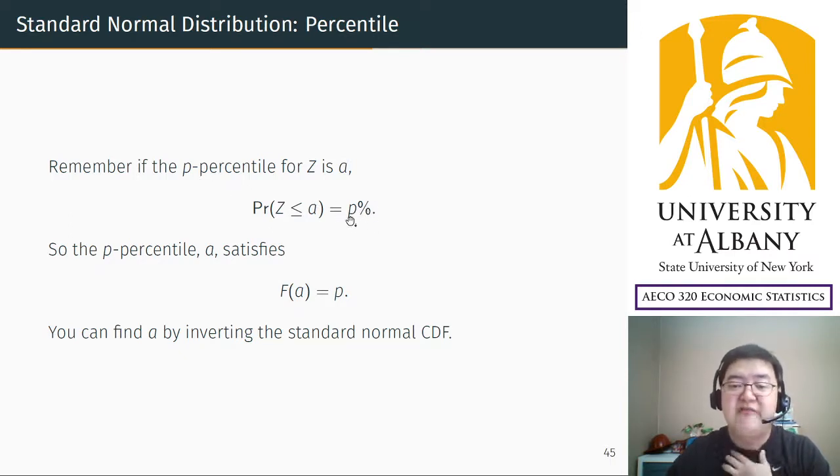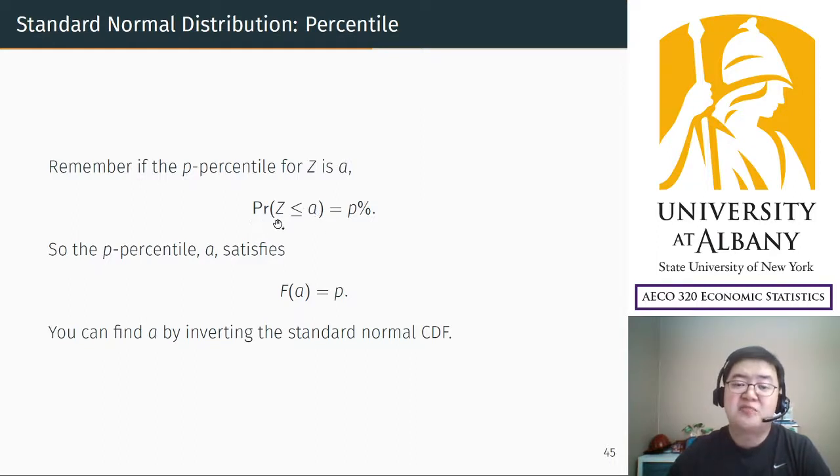So given the probability, we are looking for a that corresponds to the probability given. This is exactly the inverse of what we have done, because in the previous slides, a few pages back, we have exercised how to calculate the probability when you have a value.